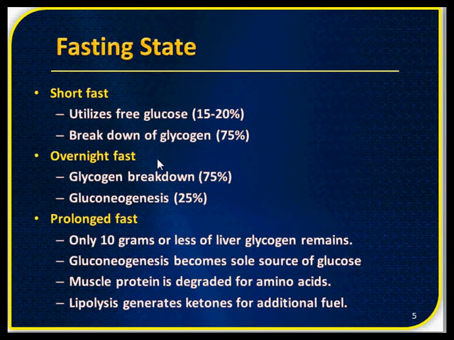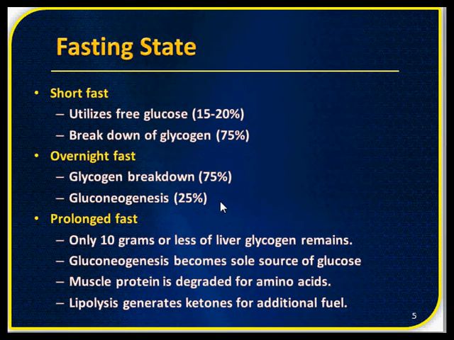Supposing we are on an overnight fast for some blood test, say 8 o'clock at night to 8 o'clock in the morning, 12 hours, glycogen breakdown accounts for around 75% of the glucose maintenance in the blood, and 25% of the glucose in the blood comes from gluconeogenesis.